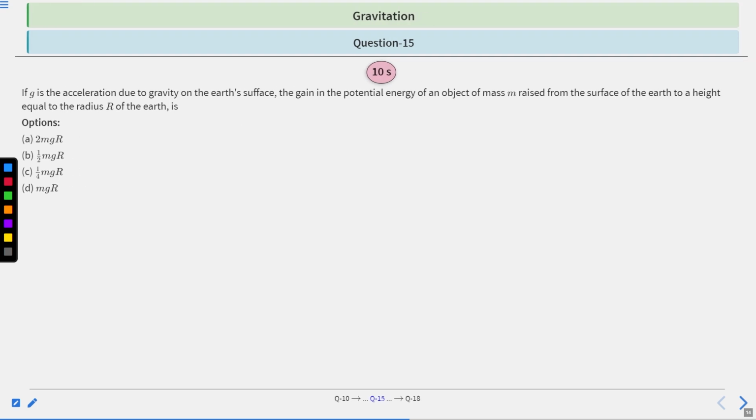If g is the acceleration due to gravity on the earth's surface, the gain in the potential energy of an object of mass m raised from the surface of the earth to a height equal to the radius r of the earth. Clear? This is the surface.